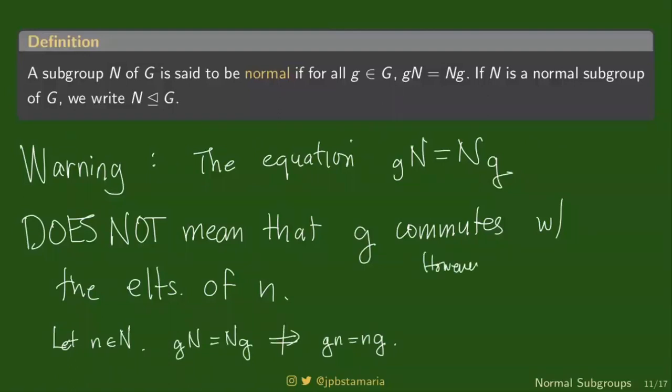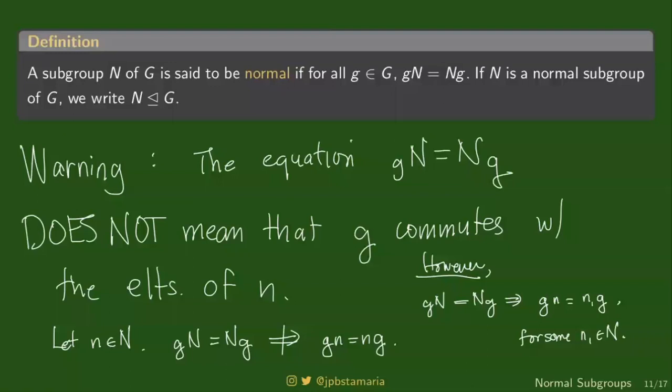However, so this is what it means. Yung gn mo can be written in the form N1g for some other element N1 in N. Yung N1 need not be equal to N.